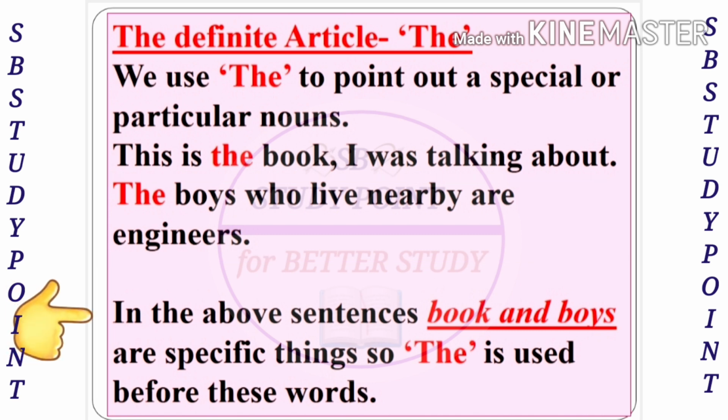In the above sentences, book and boys are specific things. So, the is used before these words. Because in the first sentence, the book refers to a specific book, the one I was talking about, not just any book.